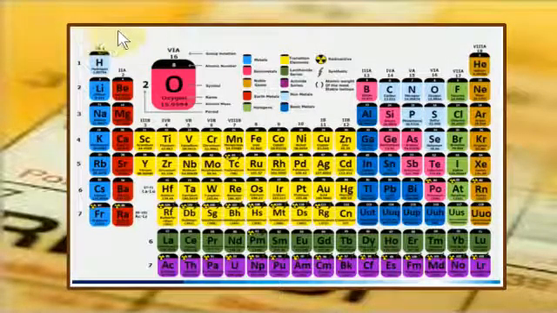Now, what other information can we see from the periodic table? Groups are vertical lines, and the group number tells us the number of electrons in the valence shell. Periods are horizontal lines, and they tell us the shell.